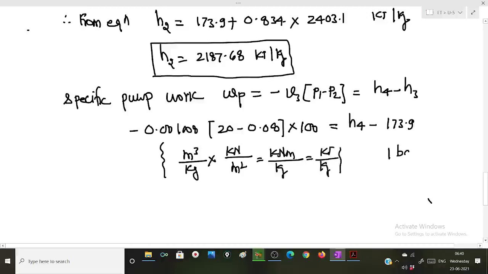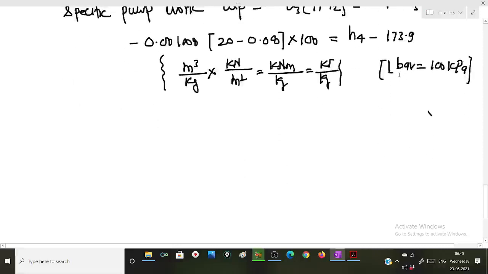And 1 bar is equal to 100 kilopascal. The only unknown in this relation is H4. So the value of H4 is 171.90 kilojoule per kg.